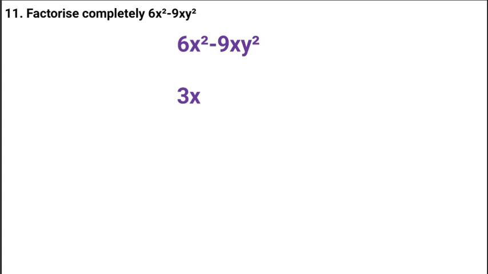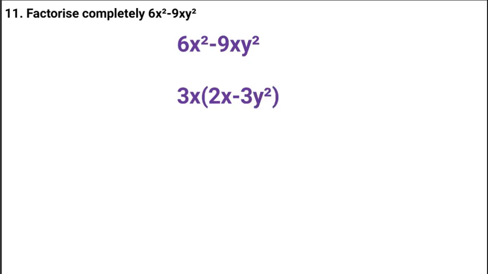So the factor that can go into both terms is 3x. So I'm going to say open bracket, then 3 into 6 will go 2 times, then x into x squared will go x times, then 3 into negative 9 will go -3, then x into xy squared will go y squared.